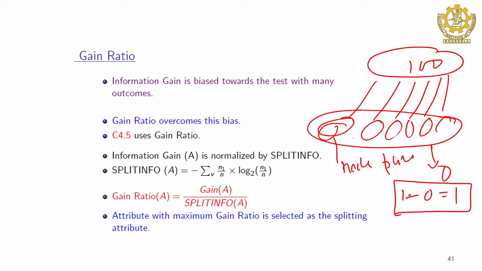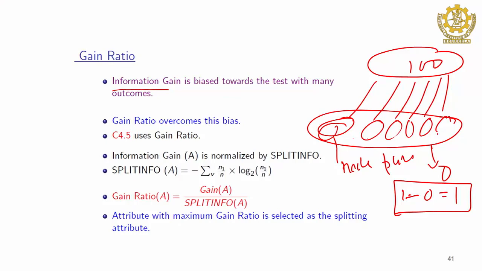So, therefore, information gain is biased toward the test with many outcomes. That means if new objects come, or a new student comes with a new ID, you cannot place it in any one of the buckets or bins here. What we learn later on is that the generalization ability will be lost.